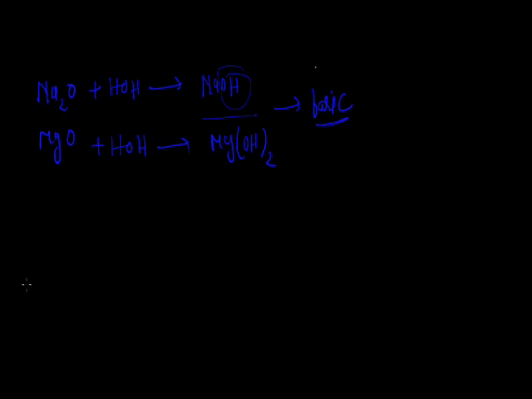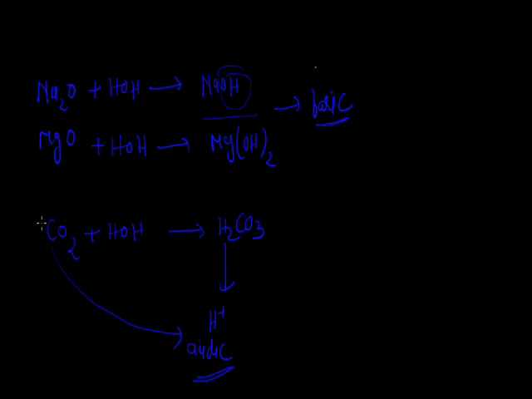since they are giving OH negative when dissolved in water. Now if we are taking the non-metal oxide like carbon dioxide, when this carbon dioxide dissolves in water, it gives carbonic acid H2CO3. Now this carbonic acid gives H plus, so we can say that non-metal oxides are acidic in nature. Why?